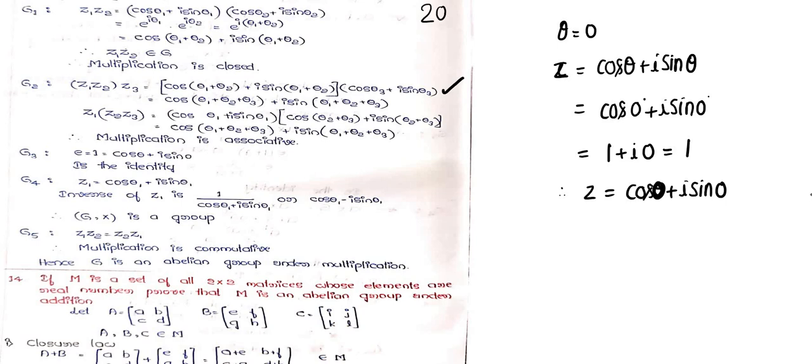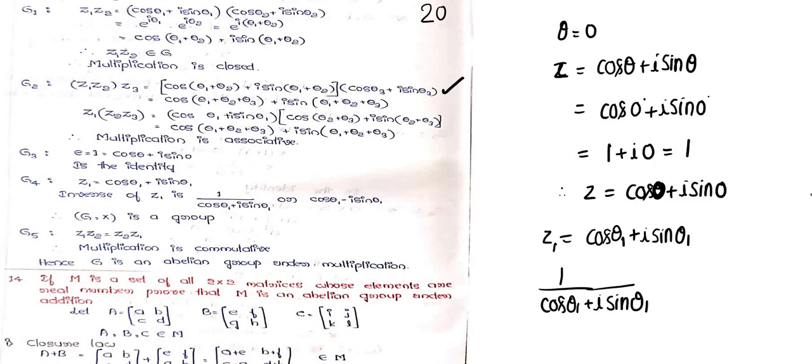Now I need inverse. Consider z equal to cos theta. If you want, you can take z1. Cos theta 1 plus I sin theta 1. Multiplicative inverse of z1 is 1 by cos theta 1 plus I sin theta 1.